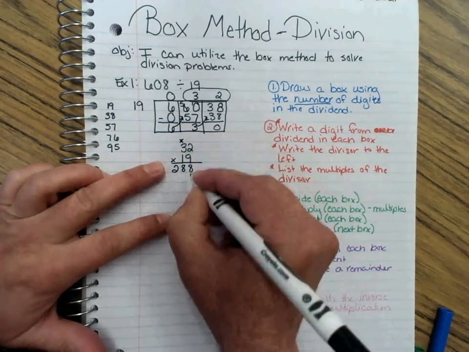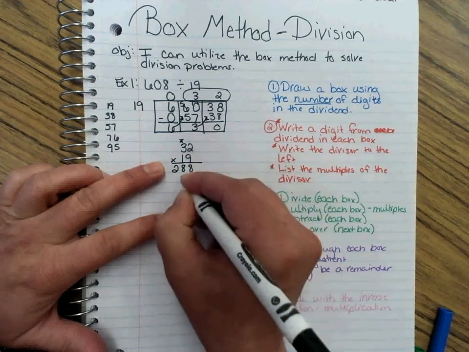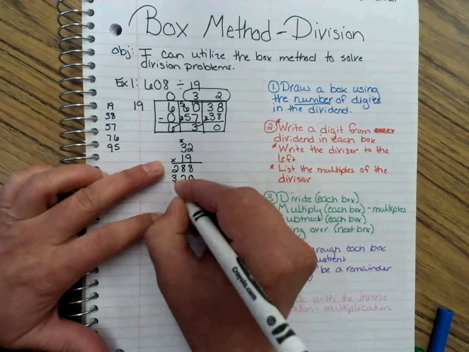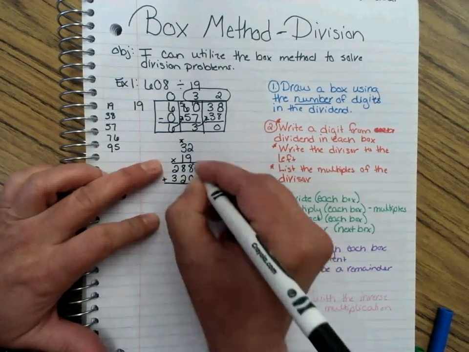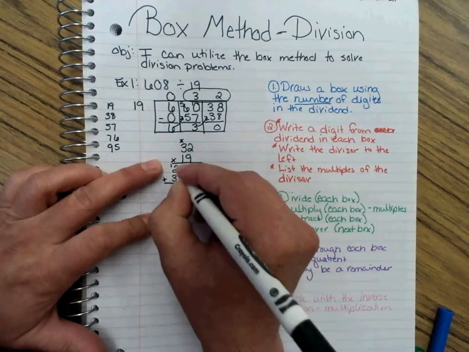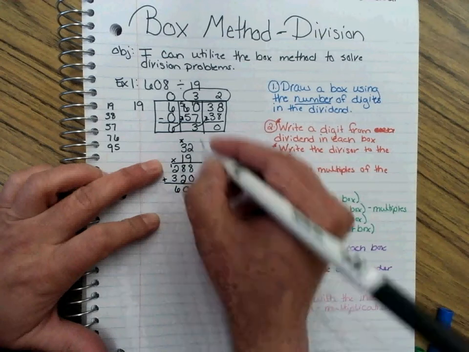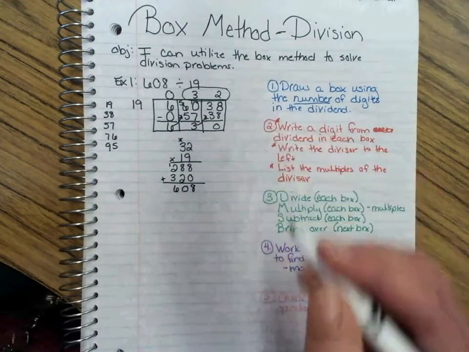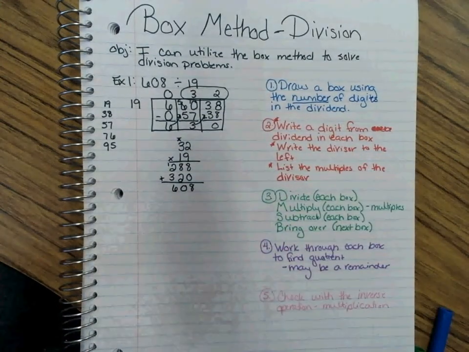Done with that 1. 1 times 2, 1 times 3. Now I'm going to add. 8 plus 0 is 8. 10, 3, 4, 5, 6. 608. Yes, it matches. So 32 is the correct answer.